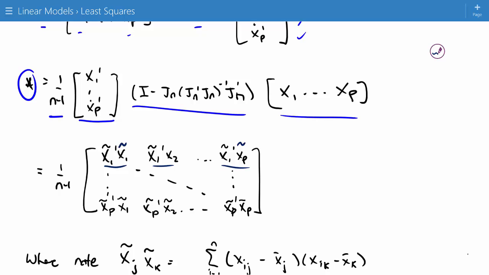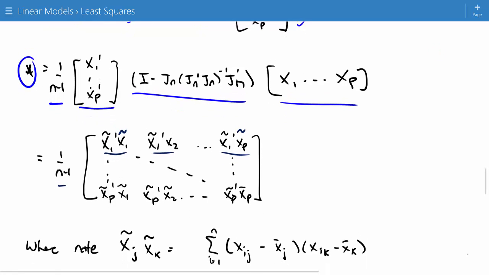And that is simply all of the centered columns of X taken as an inner product with the associated other column of X. And that is nothing other, when I multiply all these elements by 1 over n minus 1, than all of the variance terms down the diagonal and all the relevant covariance terms in the off diagonal.